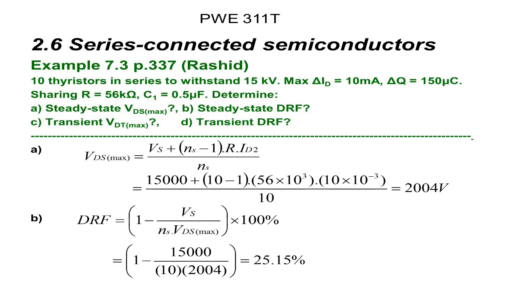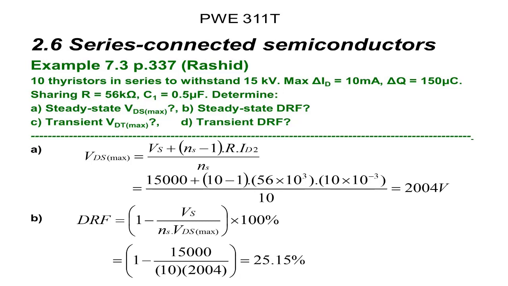So the source voltage, in this case, is given, 15,000. Okay, so now there are about 10 thyristors, and they can withstand 15 kilovolts.